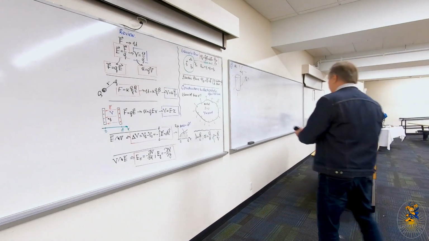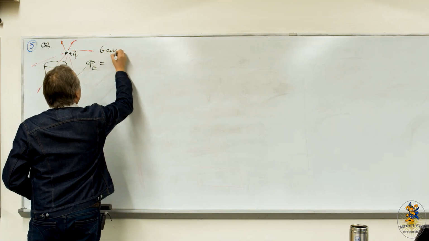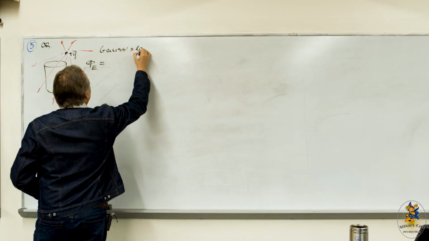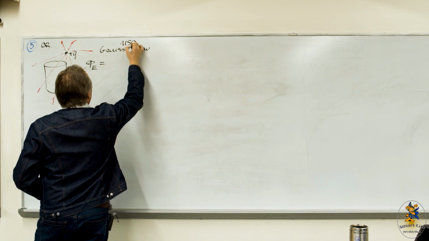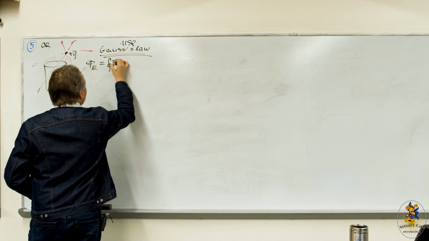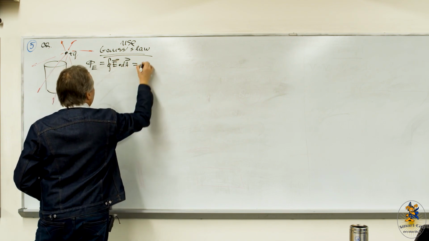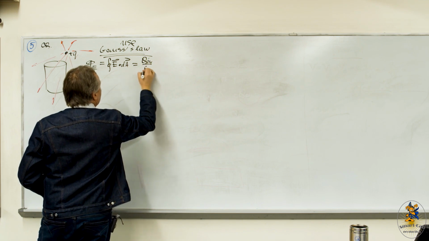Okay, let me write. Use Gauss's law. So the integral of E dot dA, but we don't need this, right? Essentially, it's Q enclosed over epsilon naught.